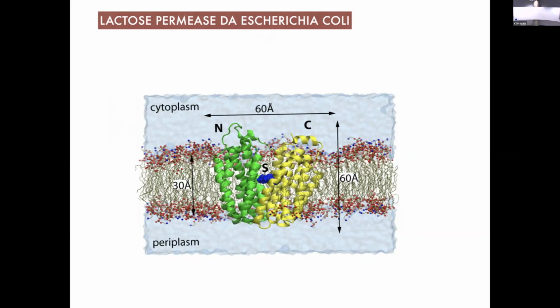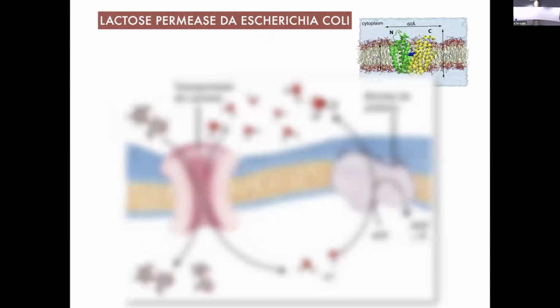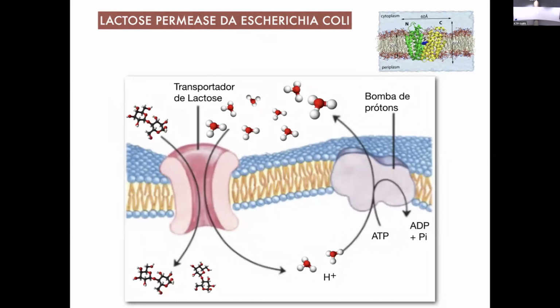This is from the protein database, the shape of the symport transporter. And here is more or less how it works. So this is the lactose transporter. It basically takes protons.